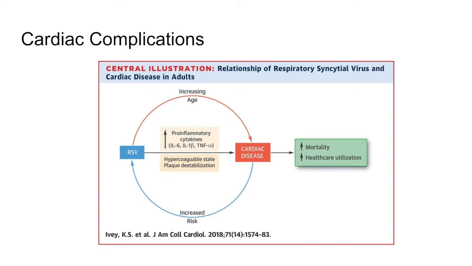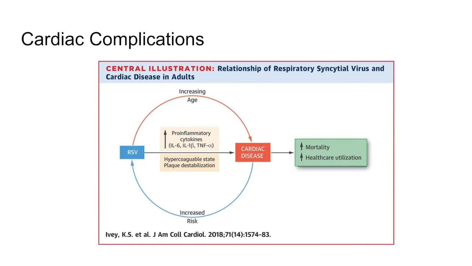Again, the cascade that happens is not really well worked up yet, but they have never been able to isolate the actual influenza virus in any coronary artery or in any of the myocytes of people that died of pericarditis or myocarditis.